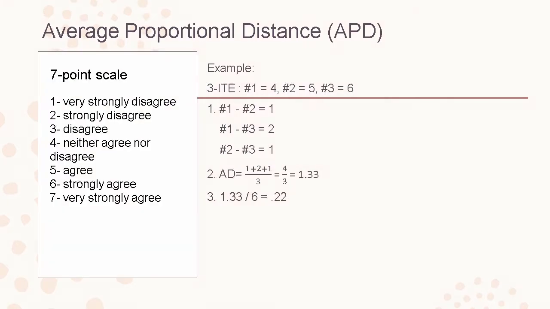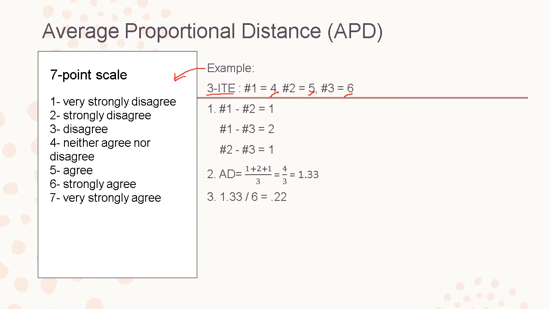So as an example for the APD, we will use a three-item test of extroversion and a 7-point scale. So for example, in item number 1, you put in 4, neither agree nor disagree. For item number 2, you put in 5, agree. For item number 3, you put in 6, strongly agree. So now we have to get the difference between the test items.